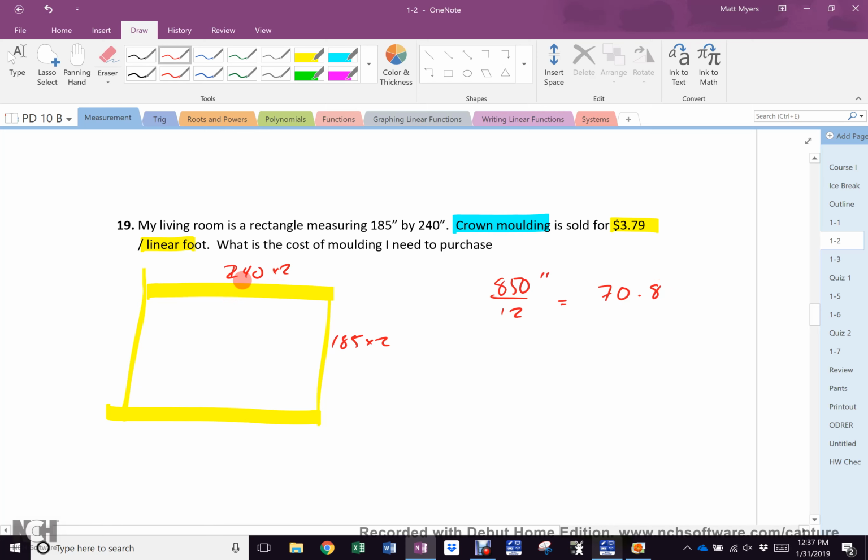Well, this is exactly 20 feet, isn't it? Yes. 20. And this is what? It's not quite a perfect number, is it? So if I can't split up that 71 just right, I've got to make sure I have enough to finish the job.